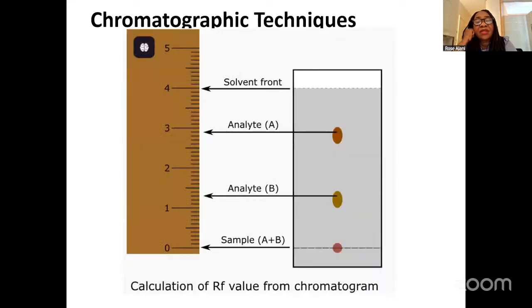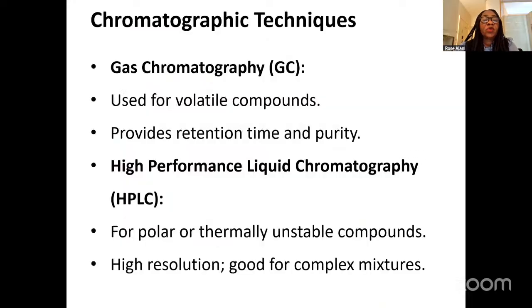Just like this example, you see you have the solvent front there, and you have the distance moved by the compound. You can see the mixtures A and B, and you see the different compounds separated, and you see the solvent front. So you can calculate your RF value from there. We have gas chromatography, which is used for volatile compounds.